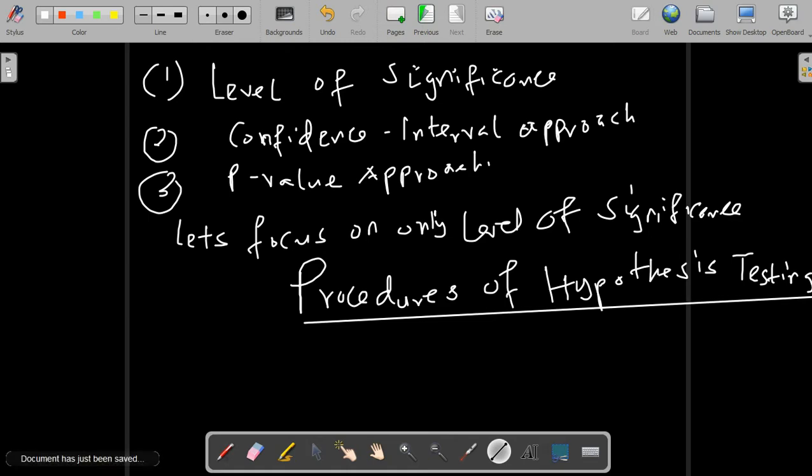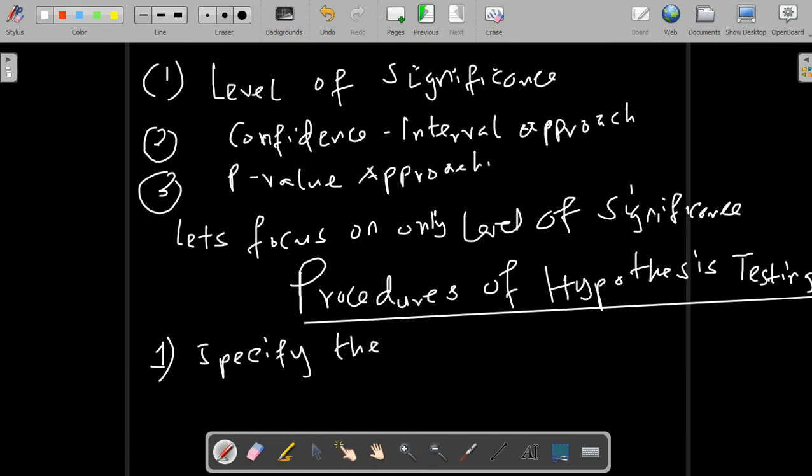The first procedure for hypothesis testing is to specify the null and alternative hypothesis. As I told you earlier, the null hypothesis is an assertion about the values of one or more parameters.